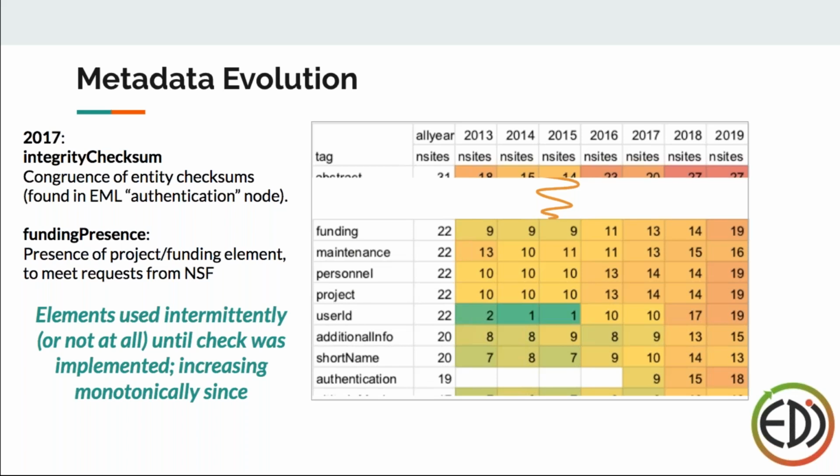This plot is the number of LTER sites, or actually all contributors, using a metadata element every year since 2013. So you can think of it kind of like a population study where the presence of a particular EML leaf node is like a trait of a cohort, an age cohort of a population.